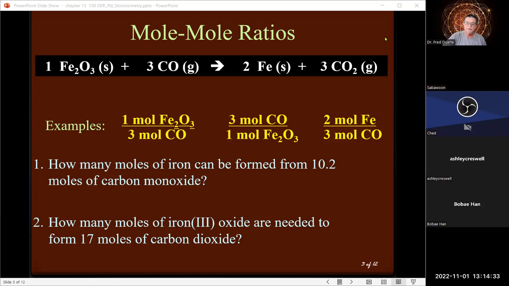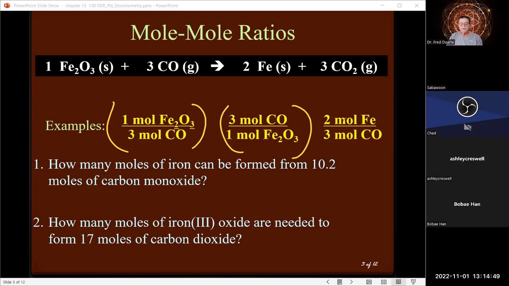And then just looking at the relationship between reactants, we have this mole ratio, okay? 1/3, one iron(III) oxide over 3 carbon monoxide, or vice versa.